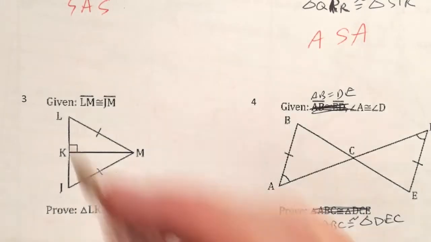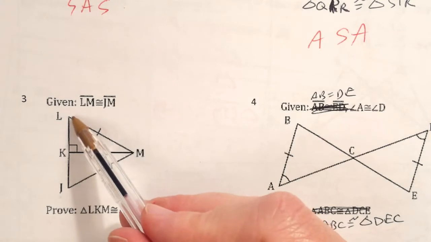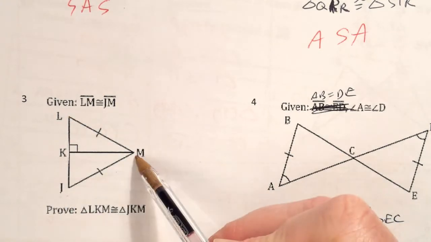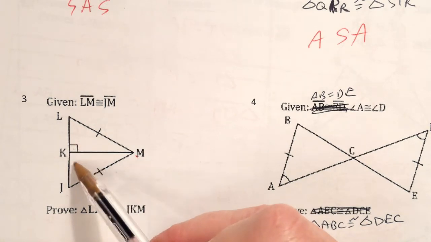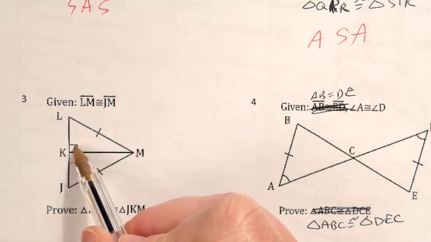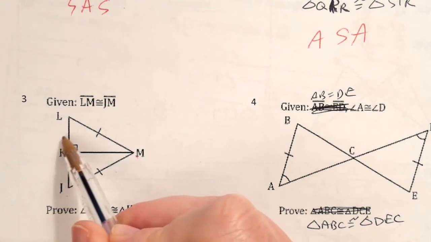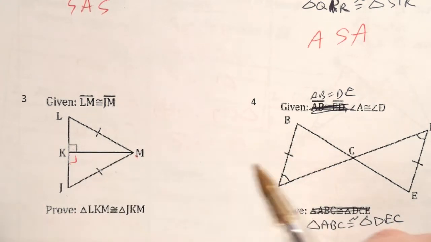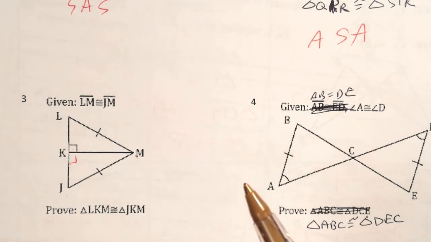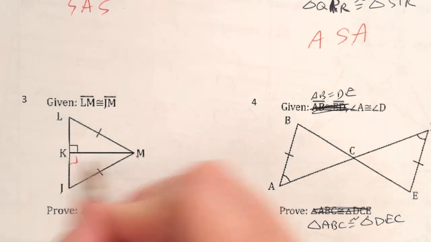All right, number 3. We already know that LM is equal to JM. We know this is 90 degrees, so over here would be 90. If this was 100, this would have been 80, because it needs to make a straight line. Okay, I have that, but I need something else. Ooh, reflexive property.